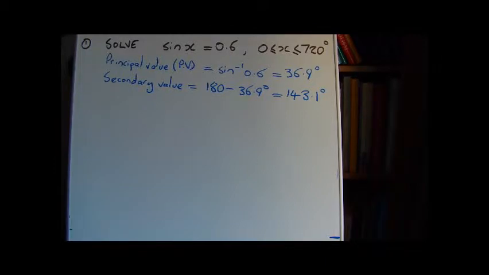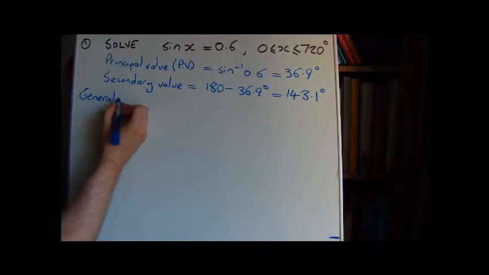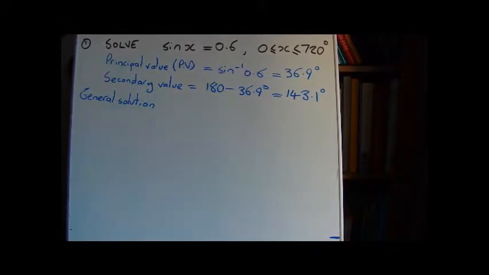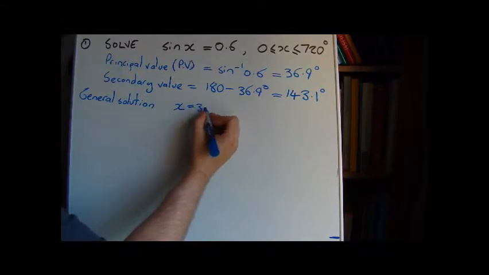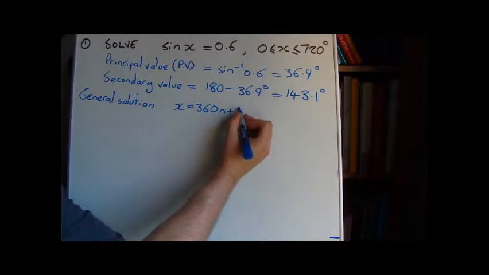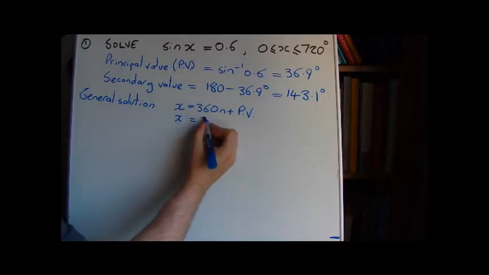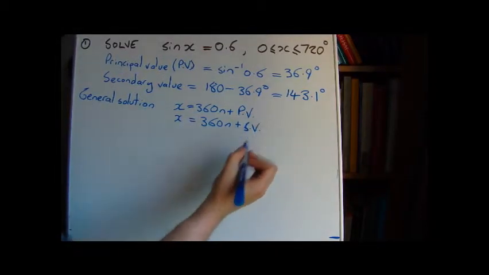Now that we've found those, we can use them to calculate all the possible values of x which are true for this equation. We need the general solution formulas. The general solution for sine, there are two equations we can use for this. So we can have x is 360n plus the principal value, or we can have 360n plus the secondary value.